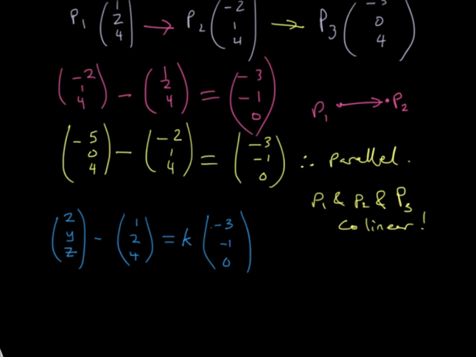Because that's a condition for parallel vectors, that some multiple times the direction is going to be equal to the other one. That's what needs to be satisfied. Hopefully you can see that a constant times this is going to be a parallel vector.